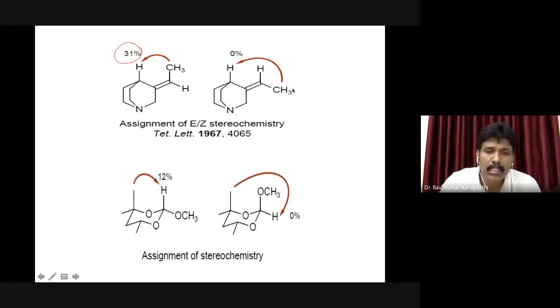Similarly, this is another example. Assignment of stereochemistry is the major important thing. The same thing: there is a methyl group on this carbohydrate molecule, and that is interacting. Since both are nearby, you can see the signal enhancement. But if you see the other configuration, you have the axial and equatorial combination.